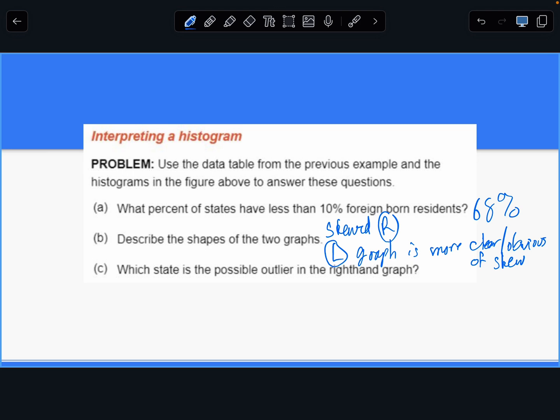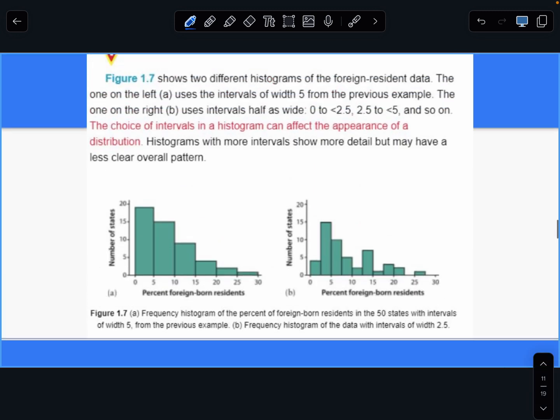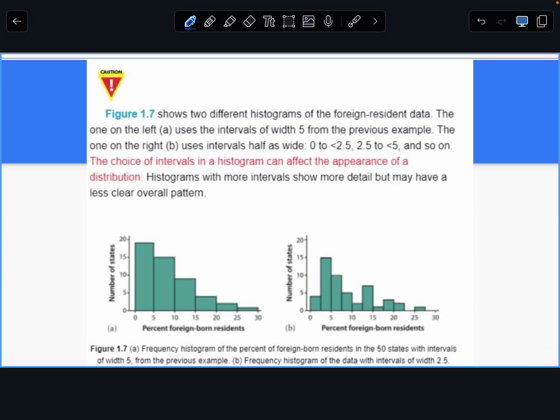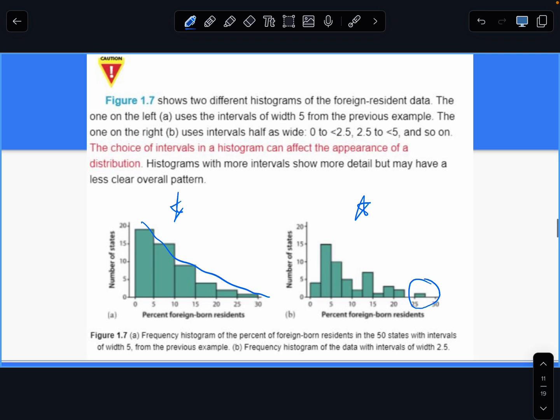Okay, and which state is the possible outlier in the right-hand graph? And again, here, when we have the right-hand graph with the smaller intervals, we have something that is somewhat of an outlier because there's a gap. When we change the interval, in the left-hand one, there is no outlier. They're all connected here, okay? And like I said, I didn't put the actual table in the slides, so if I look, I'm pretty sure that would be California.